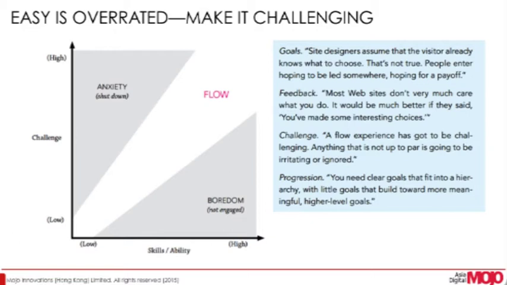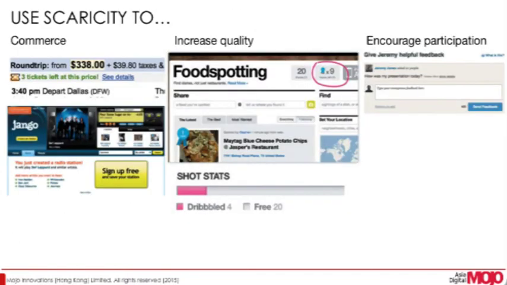Progression. You need clear goals that fit into a hierarchy, with little goals that build towards more meaningful high-level goals. Another way you can use is scarcity. It is already widely used in online commerce, by showing people the money they're going to lose, or the time they're going to lose, to motivate people to interact more and put more effort into your system.